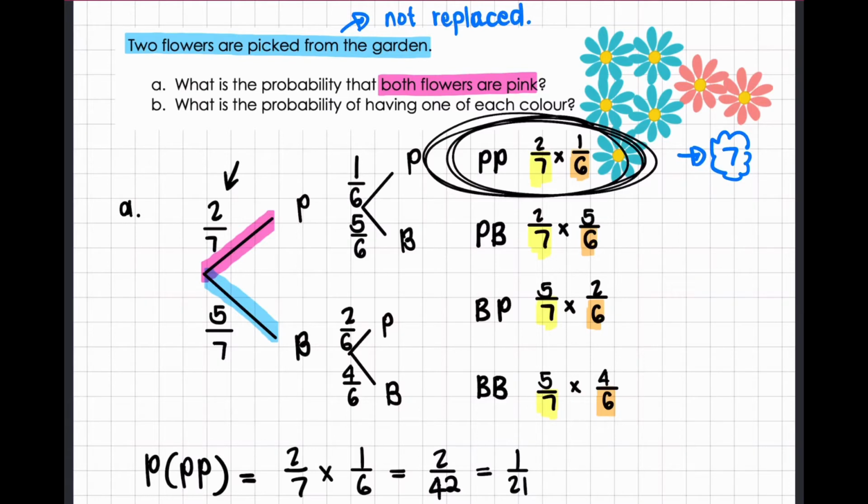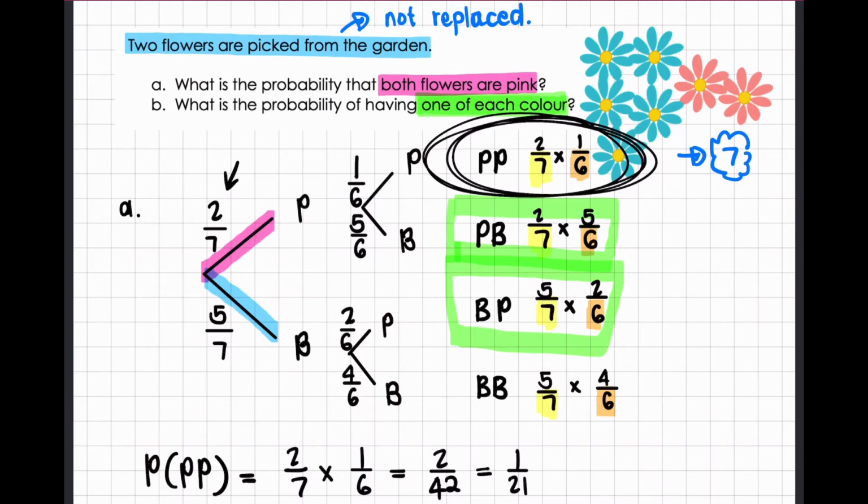But the second question says, what is the probability of having one of each color? Now, if we think about having one of each color, now we have 2 different probabilities that fulfill this condition. So we could have the probability of it being pink first and then blue, but we could also have the probability of it being blue first and then pink, because they didn't tell us in which order the flowers need to be picked.